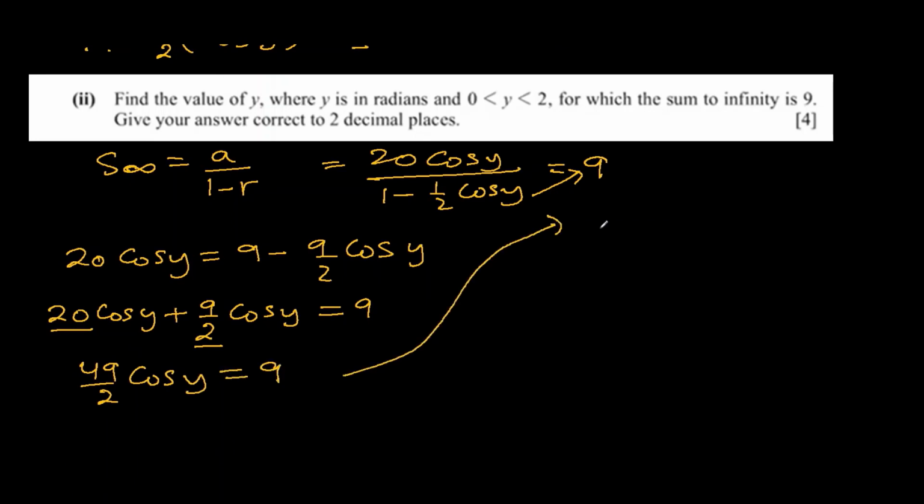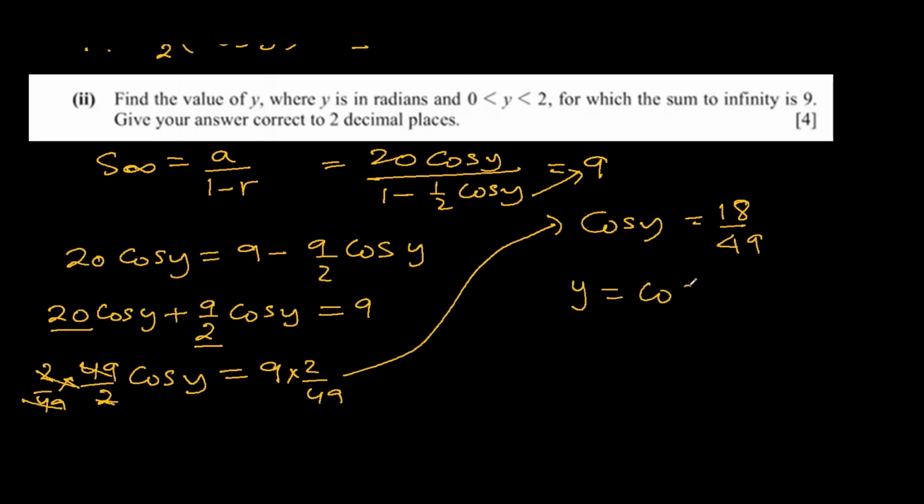And let's try to complete it here. Multiply this side by 2 over 49, or cross multiply is the same thing. So they cancel out here, 2 and 2, 49 and 49. Cos y equals 18 over 49. y equals cos inverse 18 over 49. Our answer should be in radians, and it should be between 0 and 2.